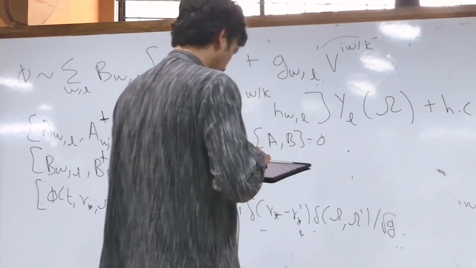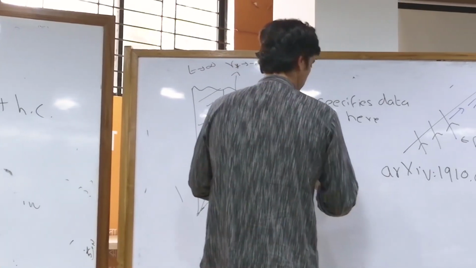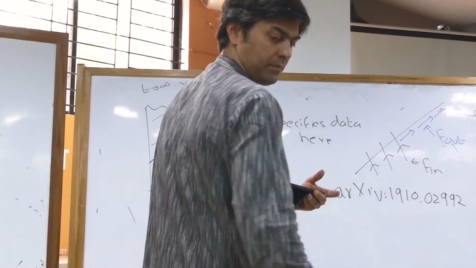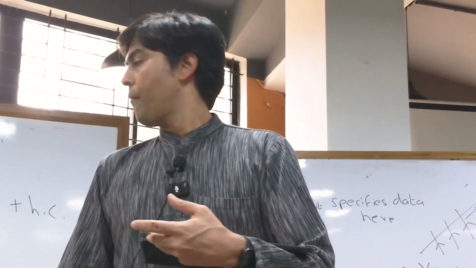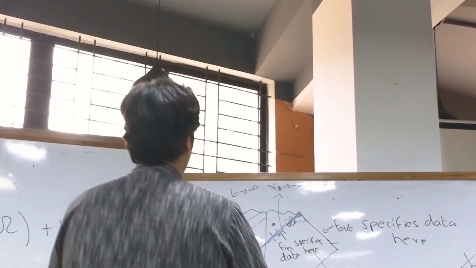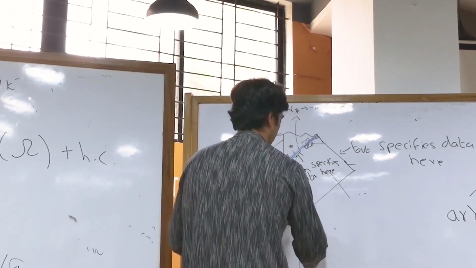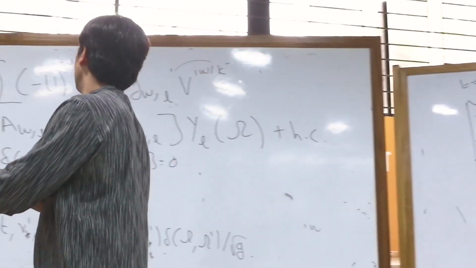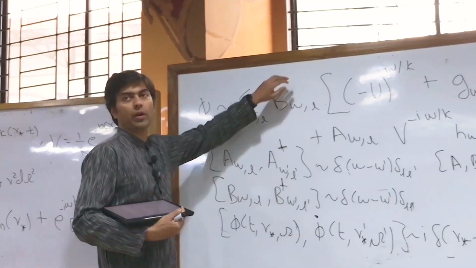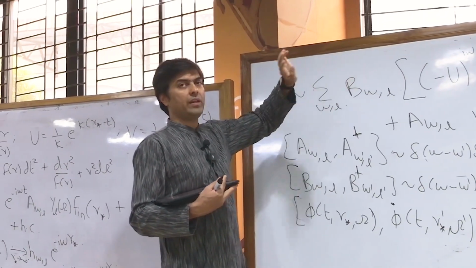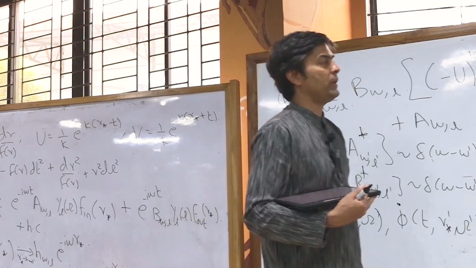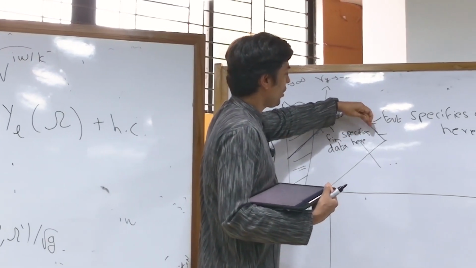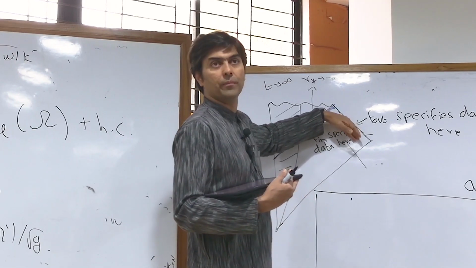Okay. So let's say I want to get the 2-point function of these b's. Why is the 2-point function of these b's important? It is important because the 2-point function of these b's tells you what is the radiation that goes out here.